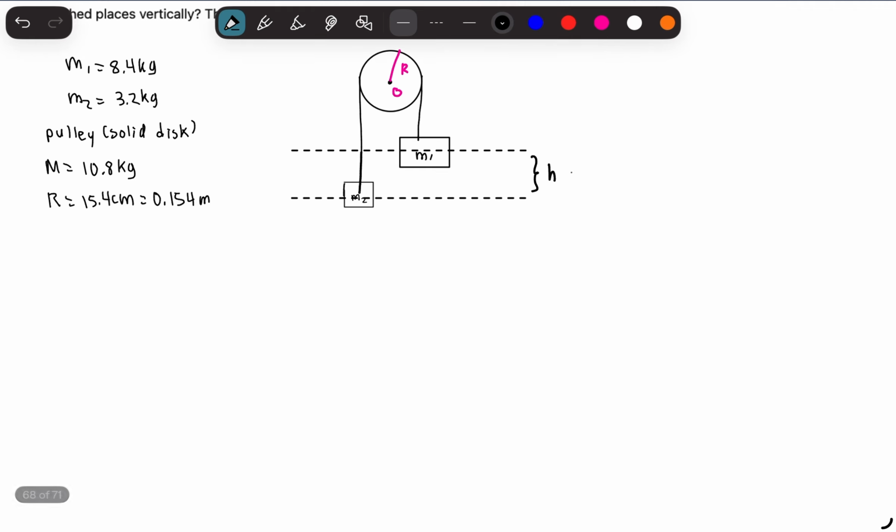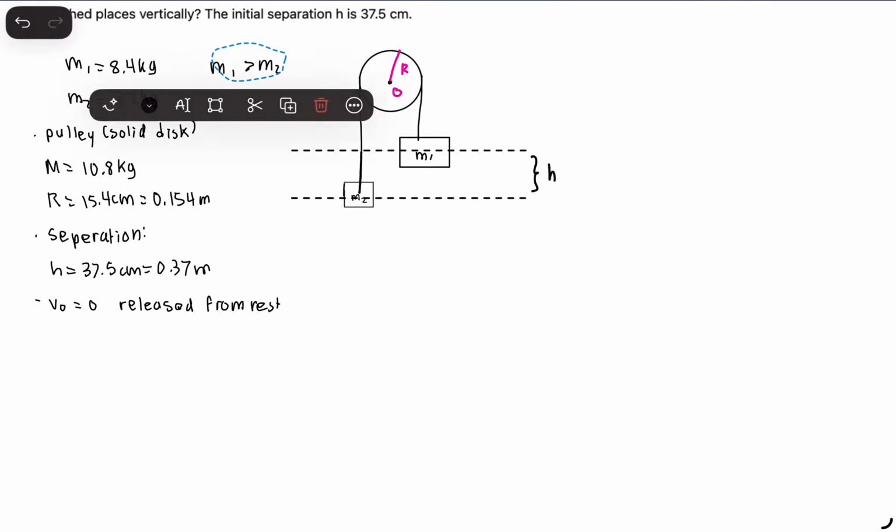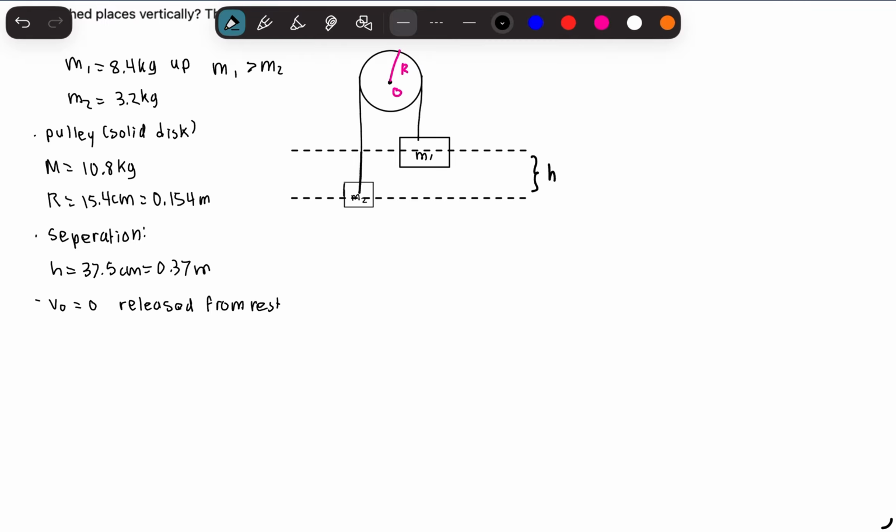Now our separation, and it's released from rest. And we know that M1 is, so M1 is going to go up and M2 will go down.